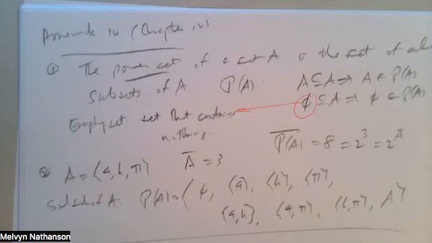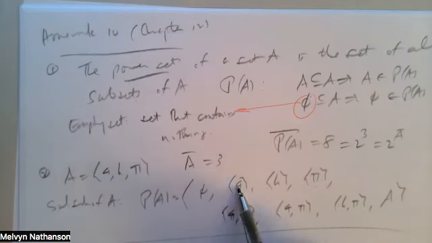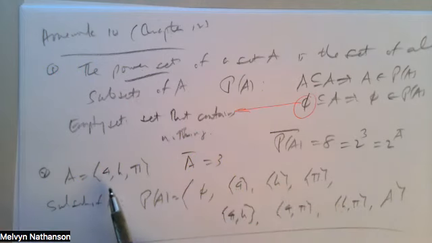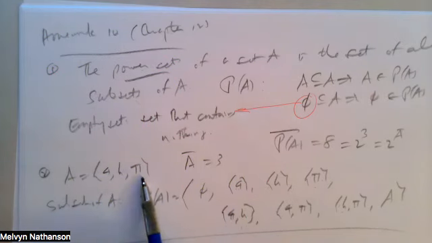What is the one after pi? What's the next one on the second one? So these are the 1 element sets. These are the 2 element sets. So if you have 3 elements, how many 2 element sets? You can take 4 and H, that's what this is, 4 and pi, or H and pi. These are the 2 element sets.